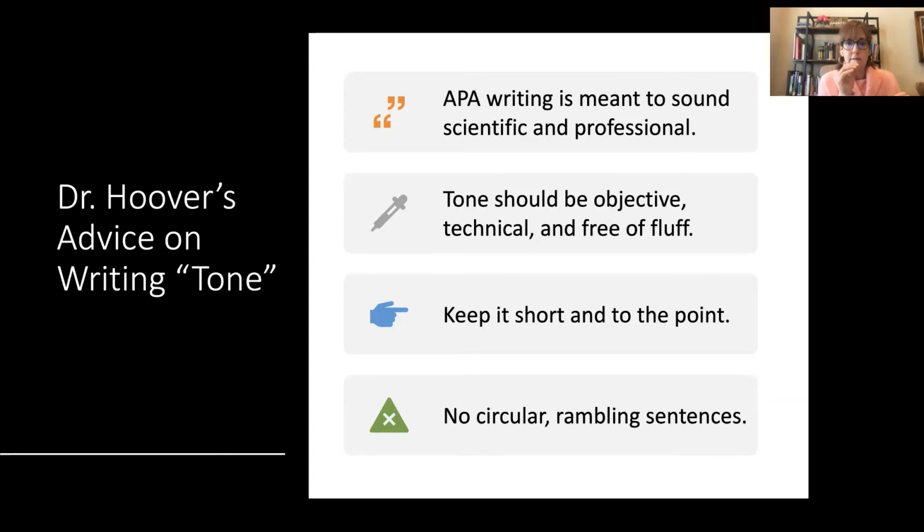And it's not concise, and it's not clear what you're trying to say. And I tell students, if I run out of air before I finish reading your sentence, it's too long. APA is very concise, very clear, straightforward. And let me give you an example.